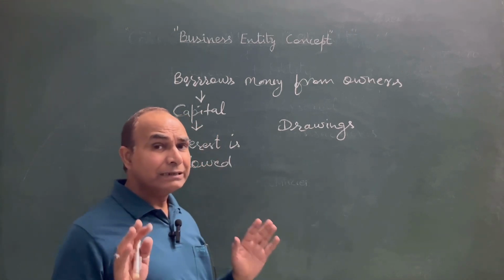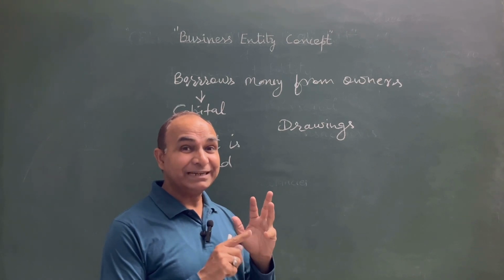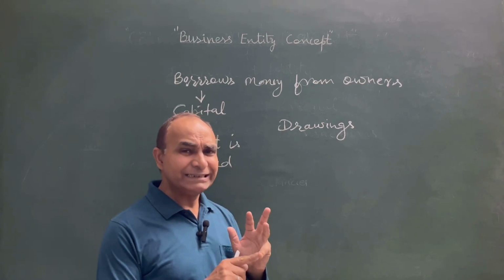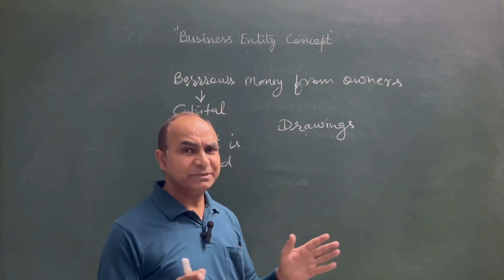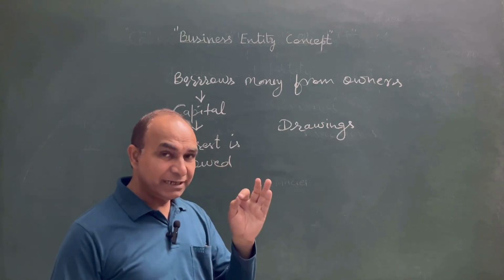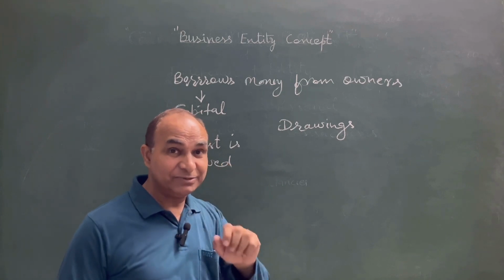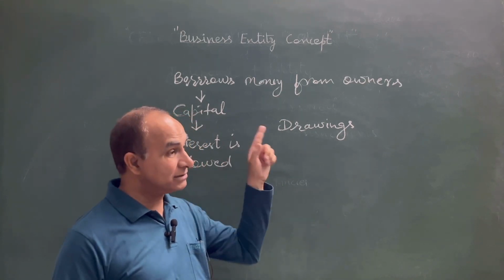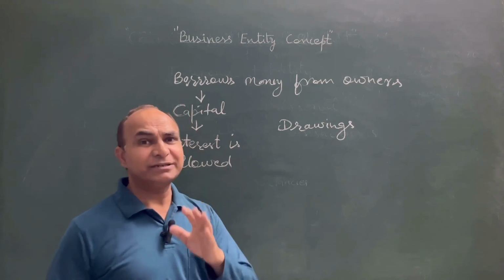Now I think you can understand that the business is an independent entity, an entity which is completely different from its owners. Their transactions can never be mixed up, and the businessman is treated just like a creditor of the business. He is an internal creditor of the business, you can say, and this is done in order to calculate the profits of the business accurately.